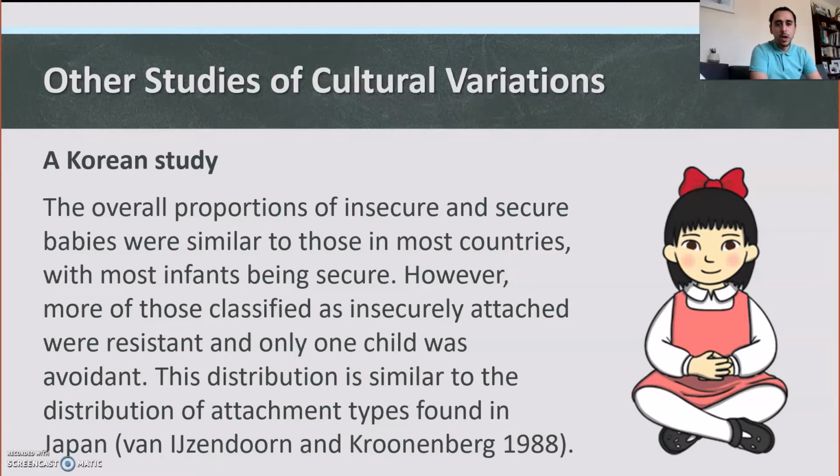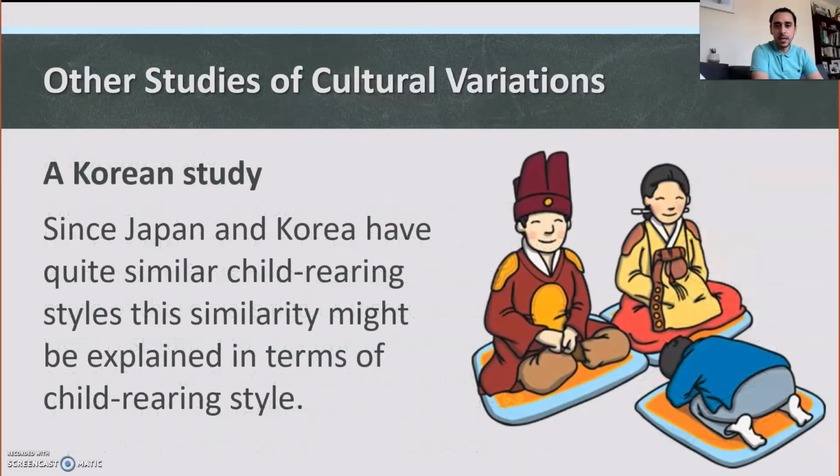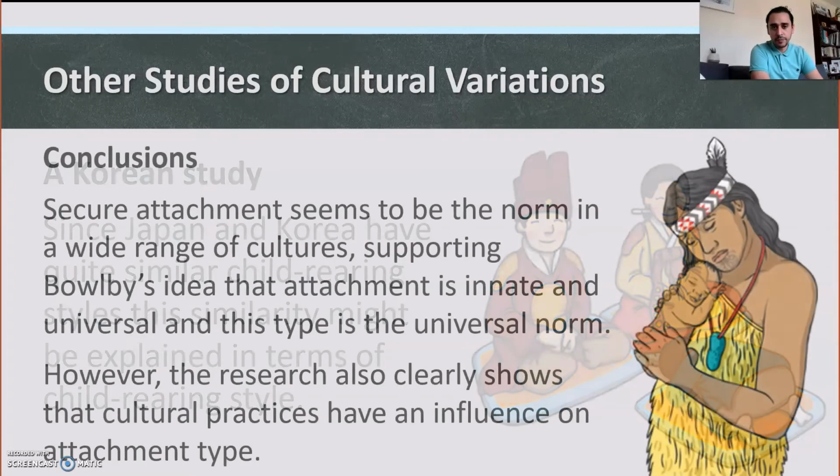However, more of those classified as insecurely attached were resistant, and only one child was avoidant. This distribution is similar to the distribution of attachment types found in Japan by Van Ijzendoorn and Kroonenberg's 1988 study. Since Japan and Korea have quite similar child-rearing styles, this similarity might be explained in terms of child-rearing style.